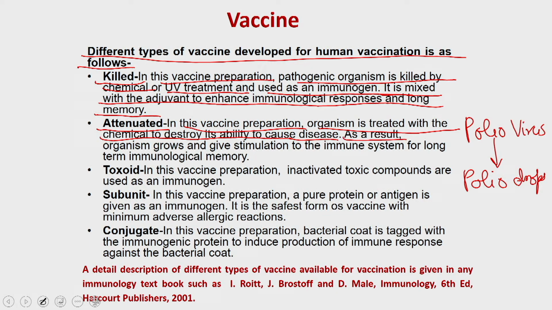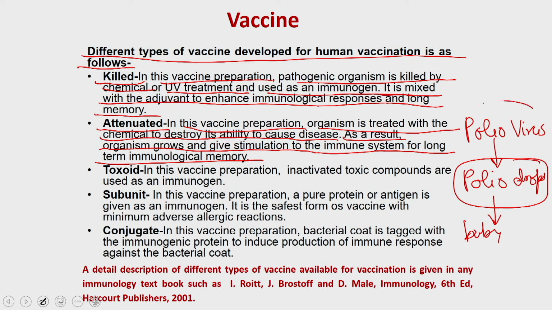As a result, the organisms grow and stimulate the immune system for a long term immunological memory. Once you give the polio drops to the baby, the virus replicates in its gut and remains in the system for a very long time, but because it is attenuated, it cannot cause the disease.